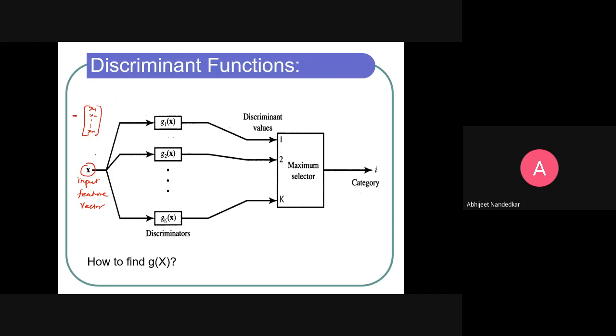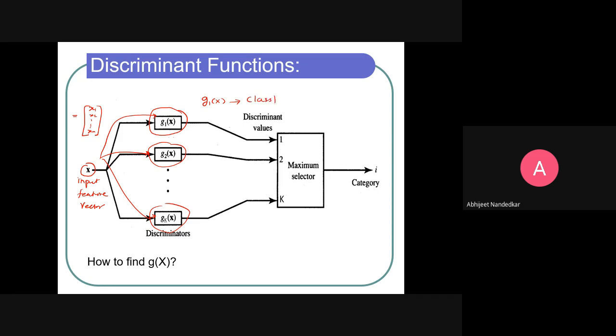Now this feature vector is supplied to the functions g1 to gk. Now this g1x, g2x and gkx are responsible for different classes. Say g1x is responsible for class 1.